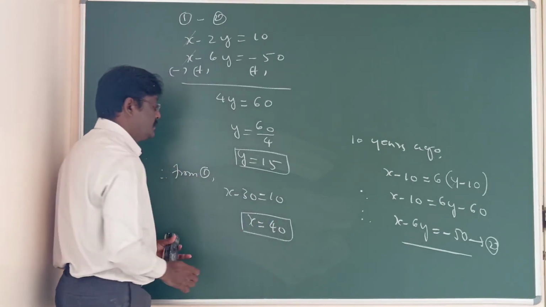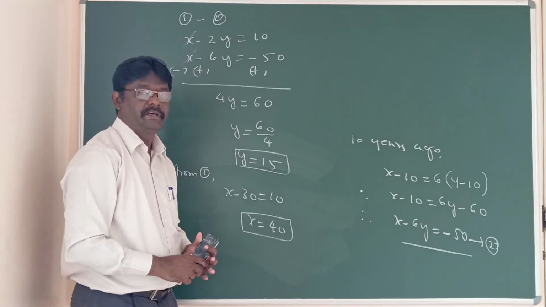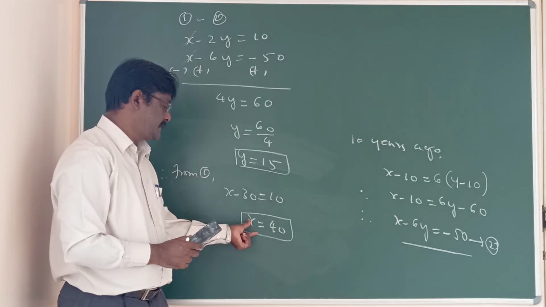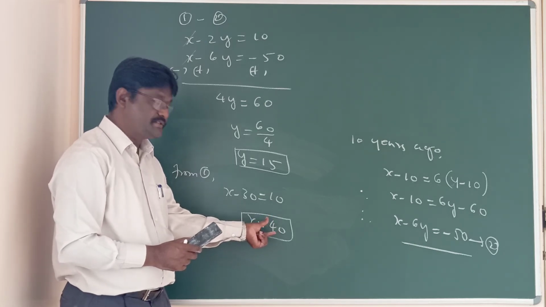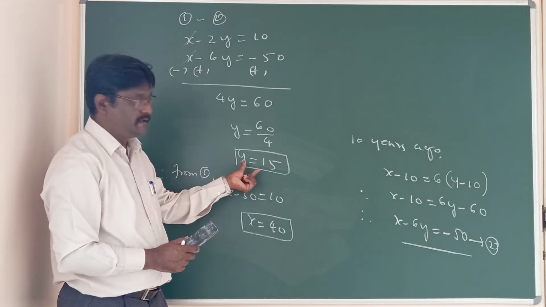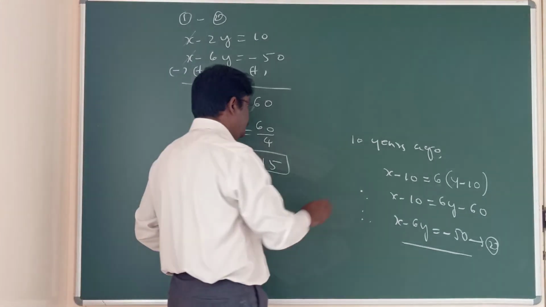So what we assumed as the age of A, x, is now 40, and the age of B is 15.